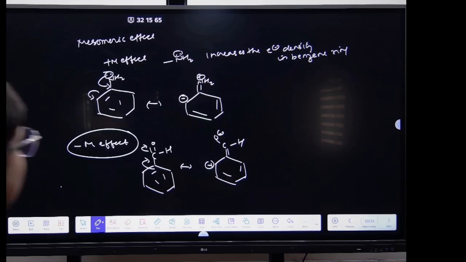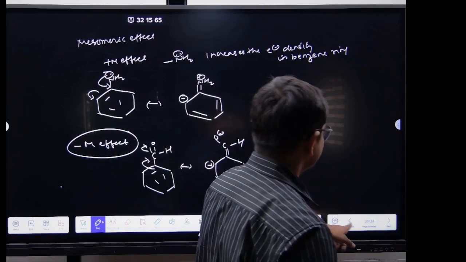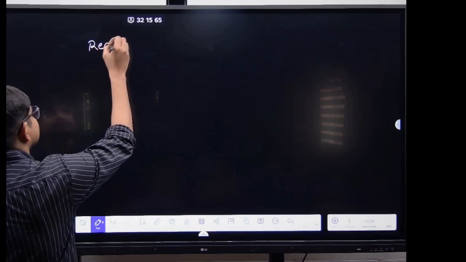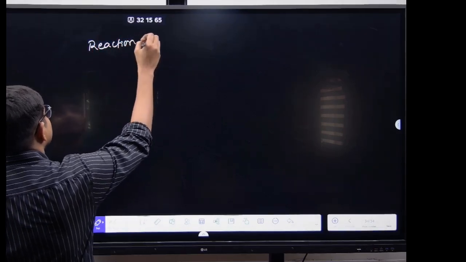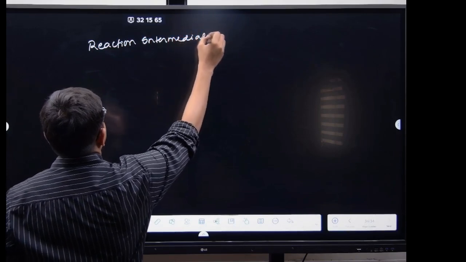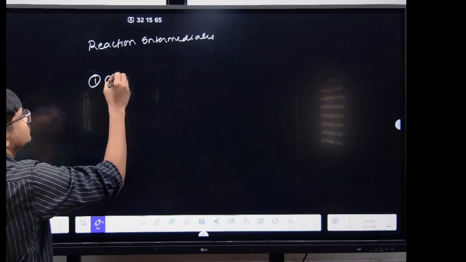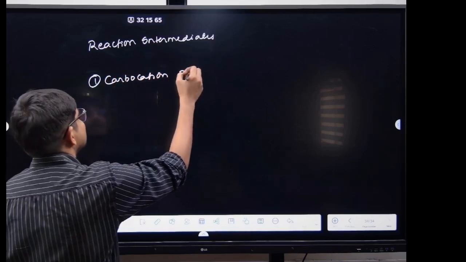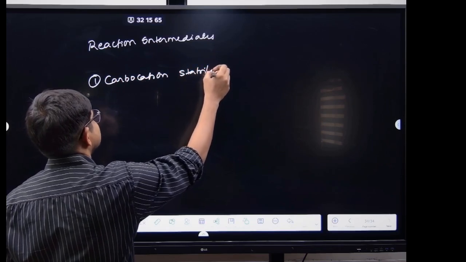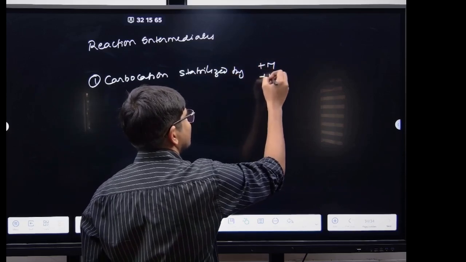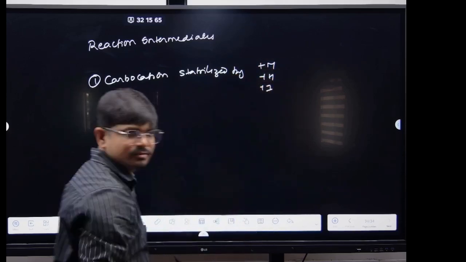Now see the next one, the reaction intermediates, right? Intermediate means you have the carbocation. Carbocation is stabilized by +M effect, +H and the +I effect.